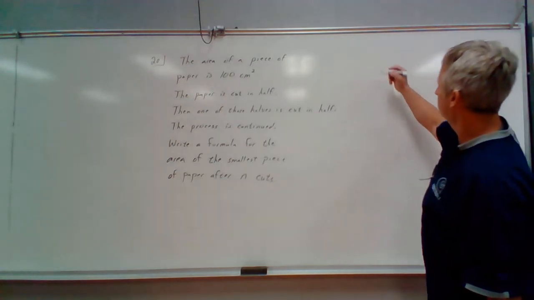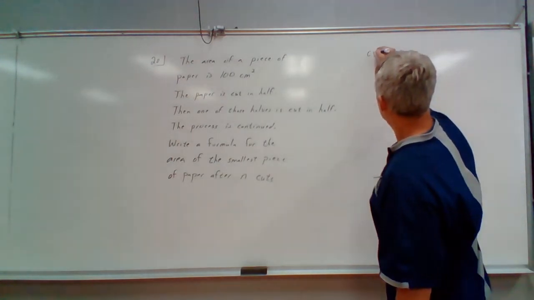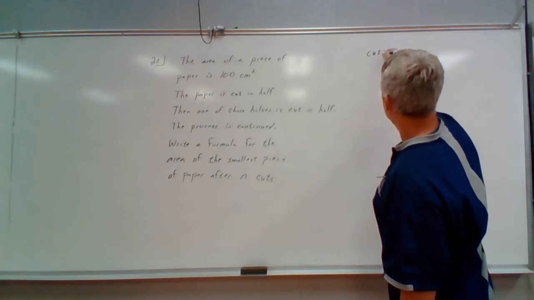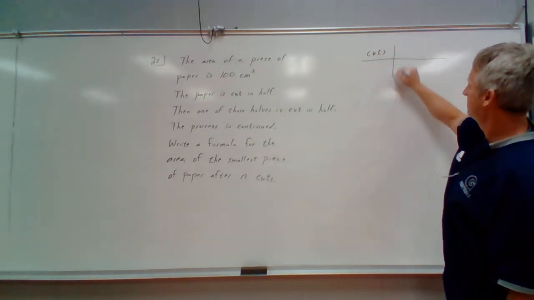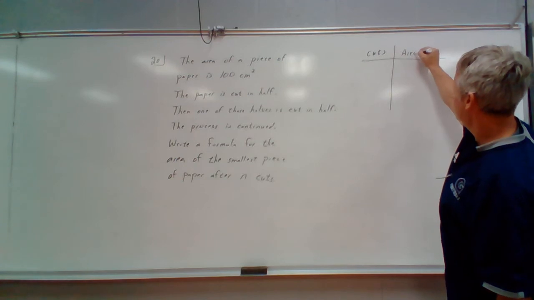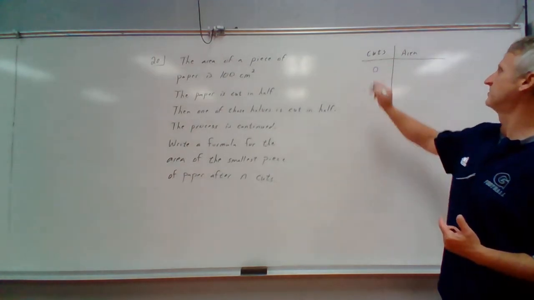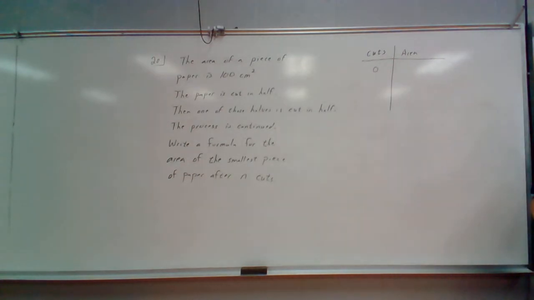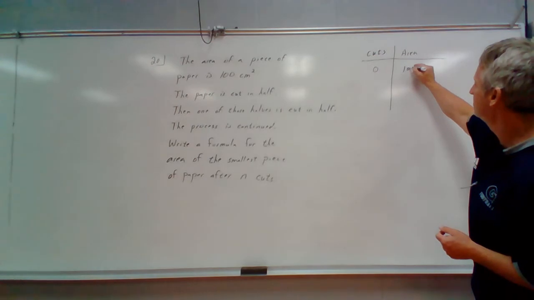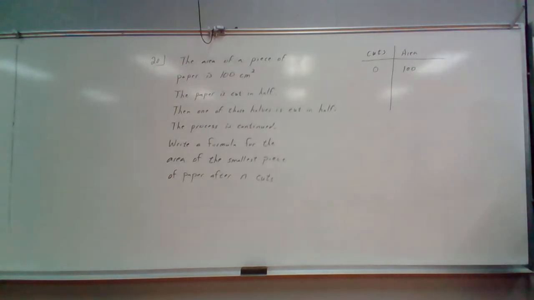All right, so let's make a table here. So after so many cuts, I want to know what the area of the smallest piece is. All right, so where do we start? We'll start with 0 cuts. All right, what's the original area? Well, that's 100 square centimeters.